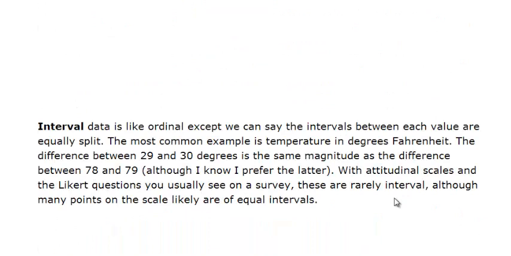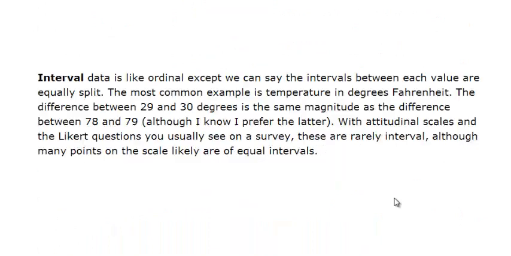Interval statistic, the third of the 4 choices, is kind of like an ordinal statistic, except that there are regular intervals between each value. And again, an example, temperature. 80 degrees and 60 degrees, of course, are both statistics.